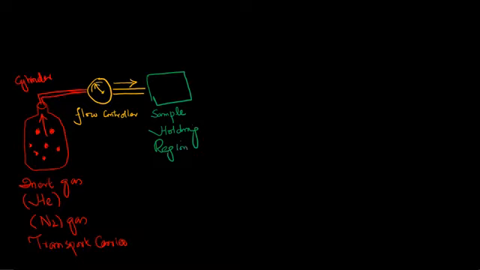The sample holding region of the gas chromatograph is connected with an electronic device known as the injector. The injector injects different types of samples, which may be present in the form of a solid, liquid or gas, into the sample holding region.